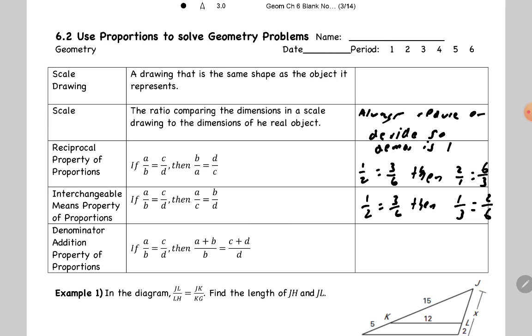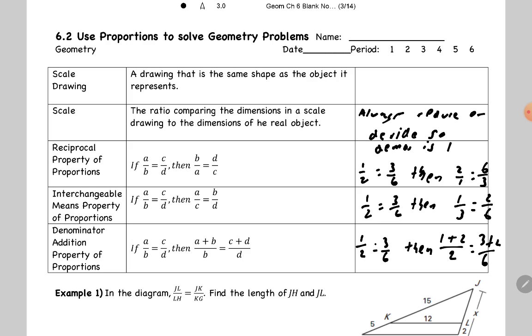And then denominator addition. If we have, again, 1/2 equals 3/6, then 1 plus 2 over 2 is the same thing as 3 plus 6 over 6.